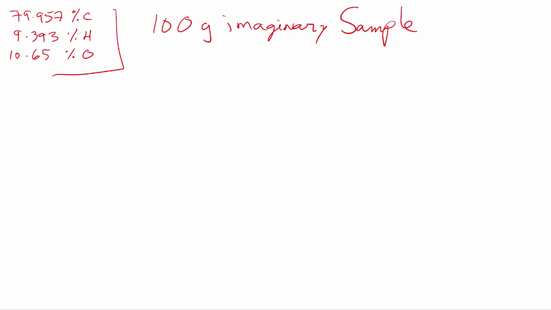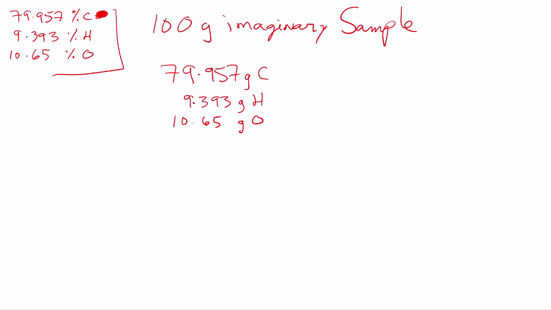If you had such a sample, think to yourself, how many grams of carbon would be inside it? Well, if it's 79.957% carbon, well then in that 100 grams, there would be 79.957 grams of carbon. Similarly, 9.393 grams of hydrogen and 10.65 grams of oxygen. Now, when we talk about the empirical formula, we talk really about molar ratios.